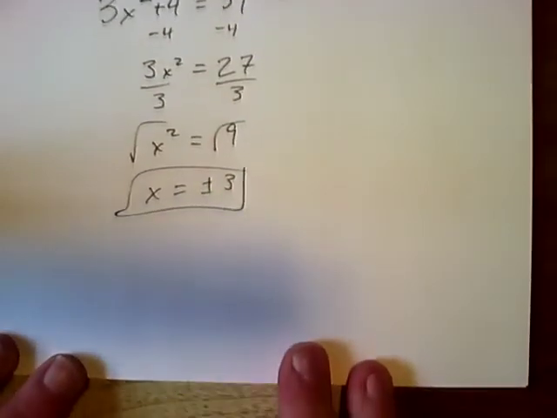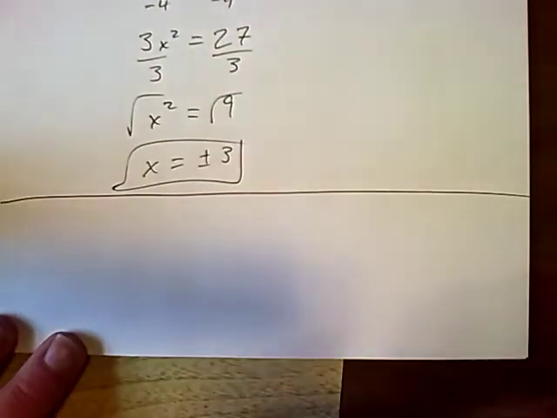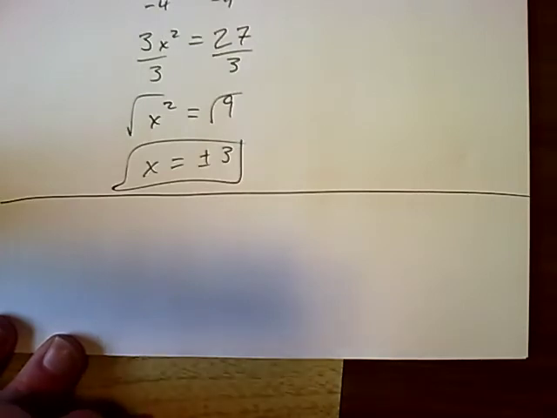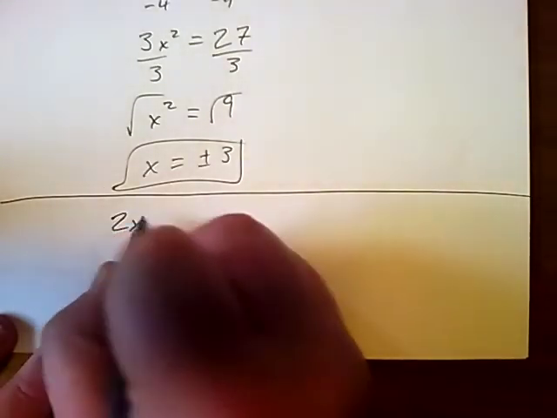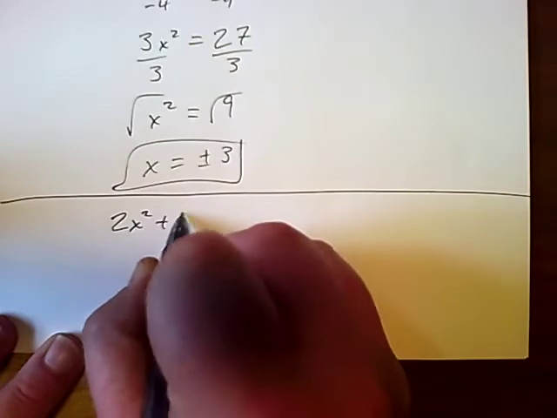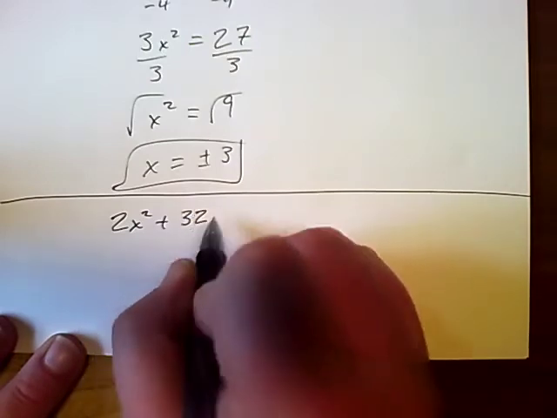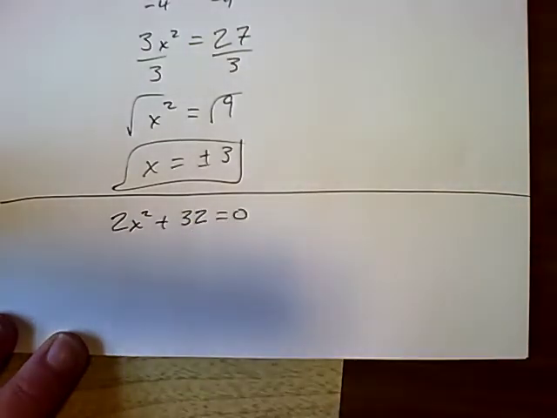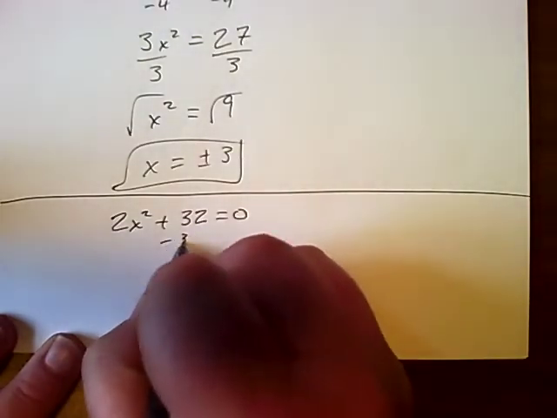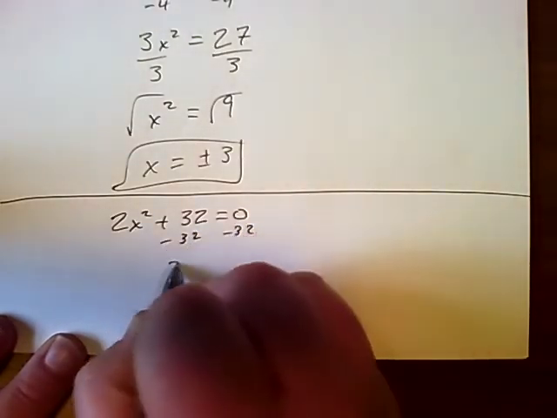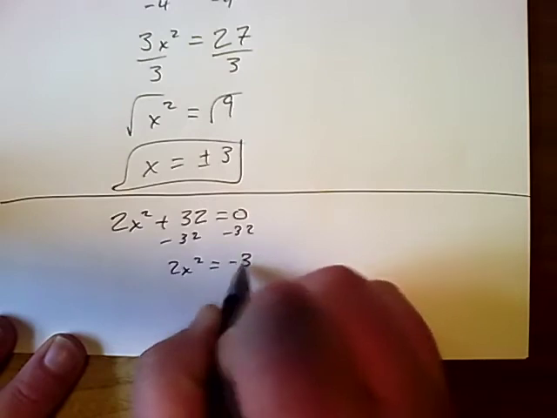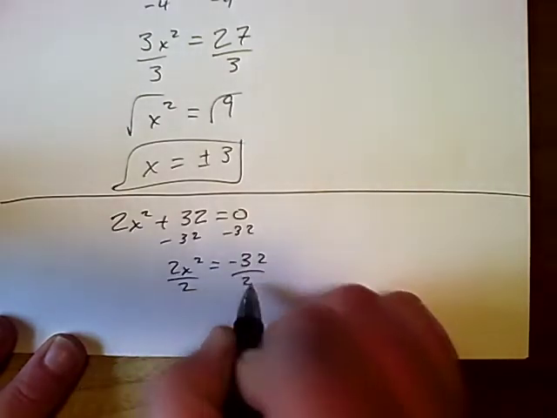Let's do one more, and this one is where it's going to seem like trickery. All right, so if we have 2x squared plus 32 equals 0. All right, so subtract the 32. 2x squared equals negative 32. Divide by 2.